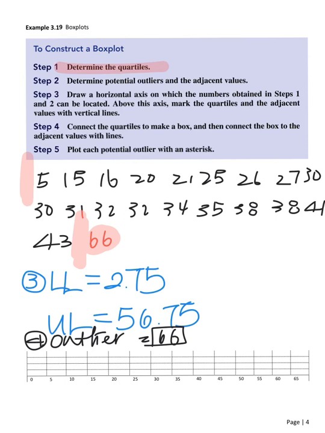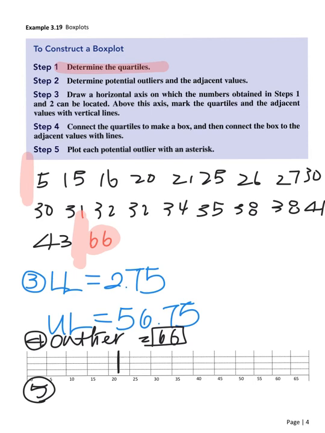Finally, we can make the box plot in step 5. I told you the box plot uses a box. With the three quartiles, we are going to make the box. So how much was the Q1 again, please? 23. Somewhere here.